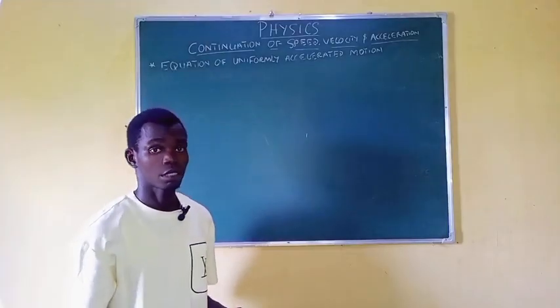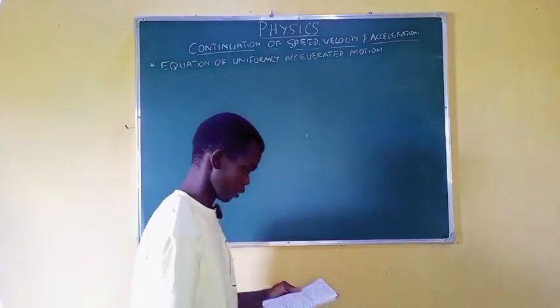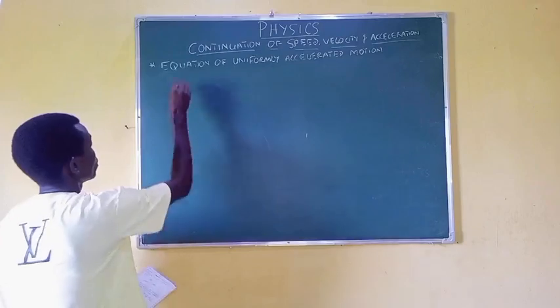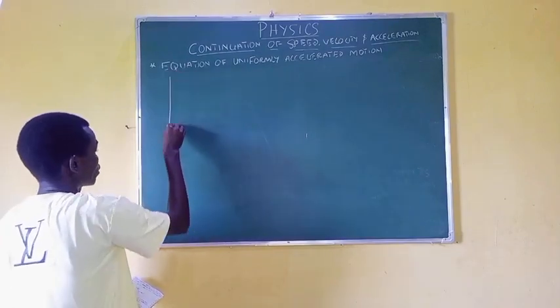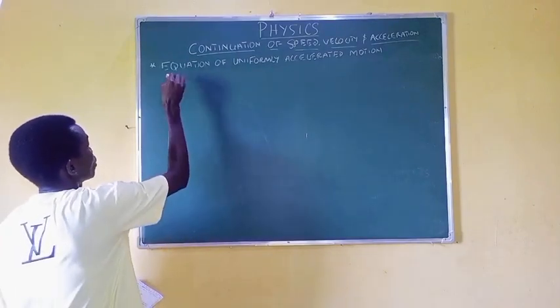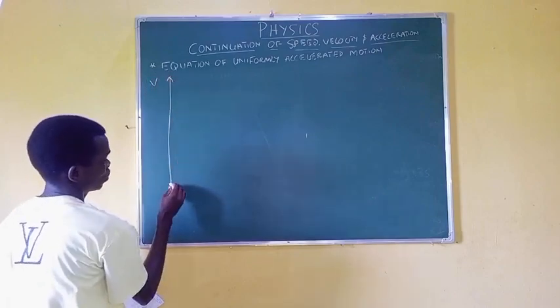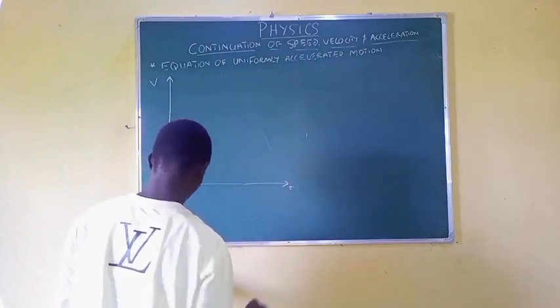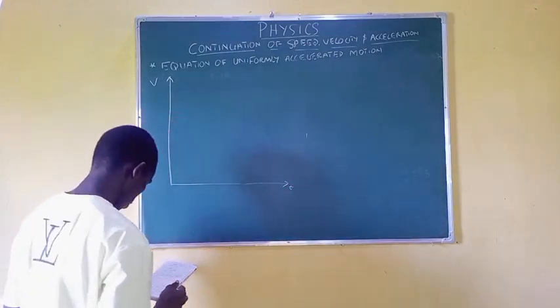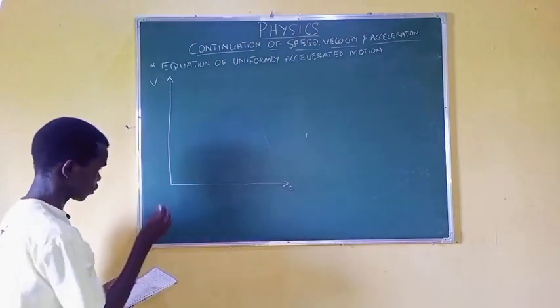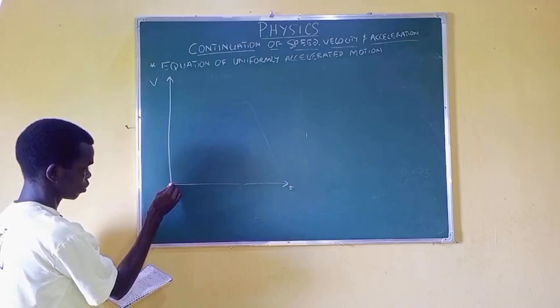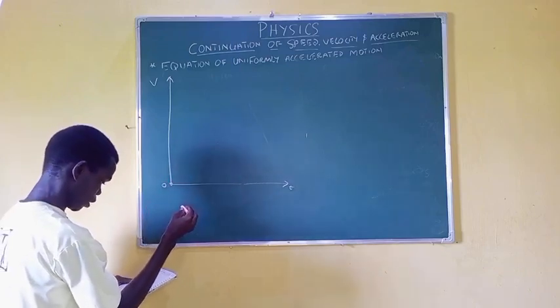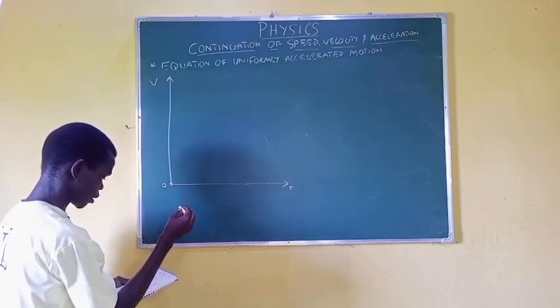From the question, let's draw the velocity time graph. We know that the vertical axis is the velocity and the horizontal axis is time. So a bus moves from rest, which is from u equals 0. It moves from rest with a uniform acceleration.